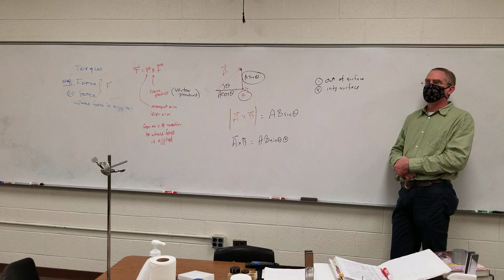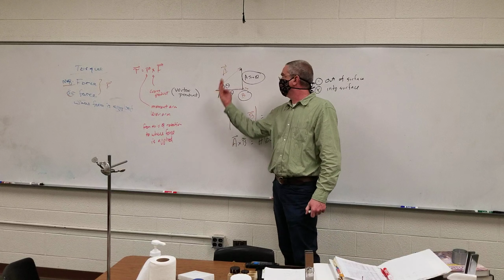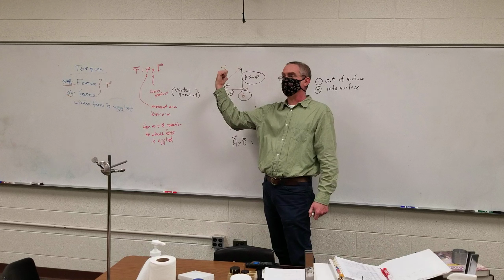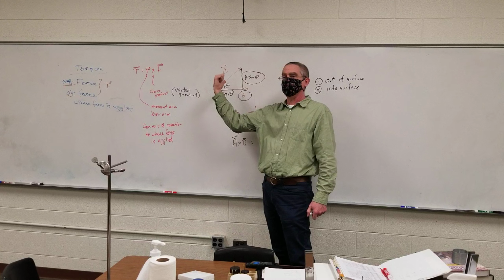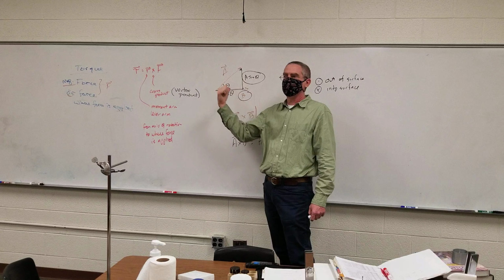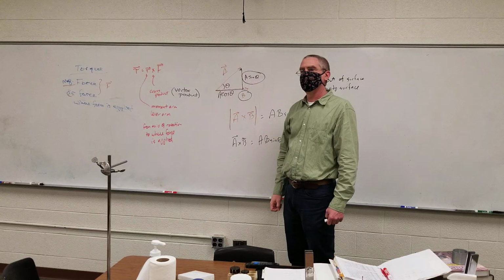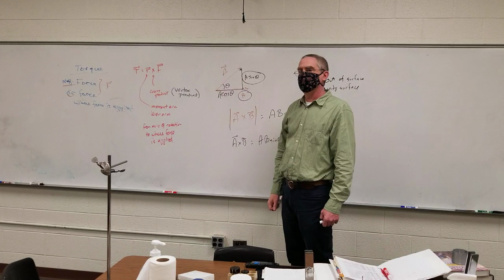Wait, how did you determine it was going into the board? Because you put your hand in the direction of the first vector, and you want your fingers to bend towards the second vector. Your right hand, and the thumb points in the direction of the resultant, or the product. Okay, wait. Should I think about it with my fingers pointing in the direction of the vector so that I know which one is furthest, or if one's much closer because it's sort of angled down towards it?